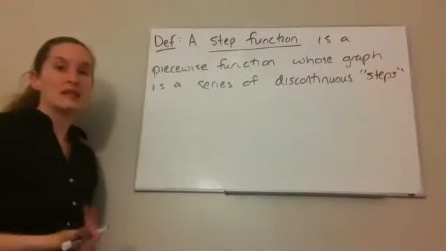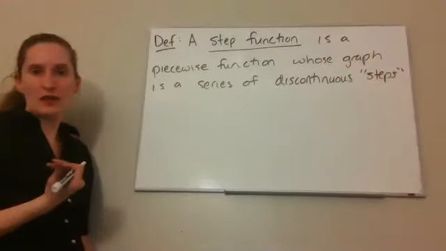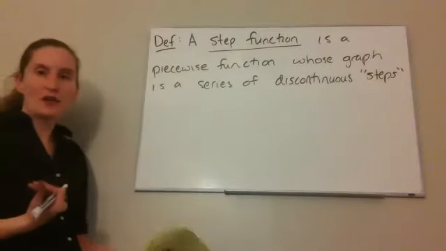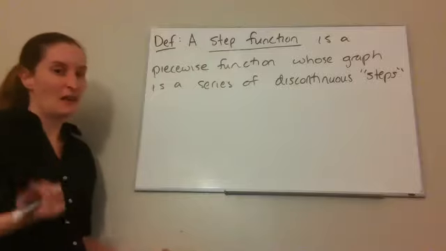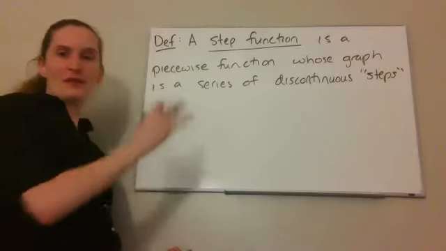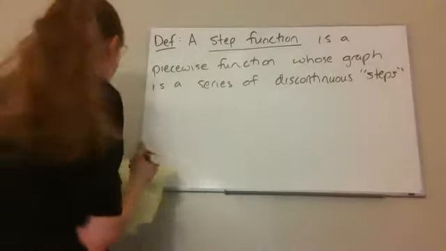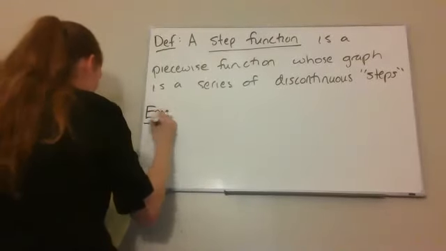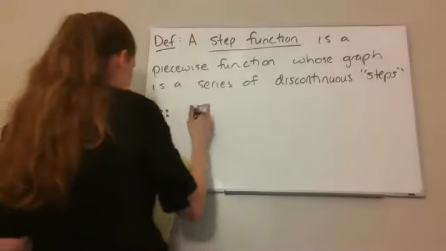And we're going to do an example of a step function. We're going to do an example of a very particular type of step function, evaluated at a few places, and then I'll show you what the graph looks like to emphasize what the step shape looks like. So our example of a step function is called the greatest integer function.